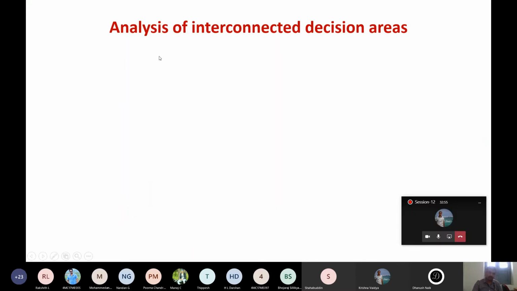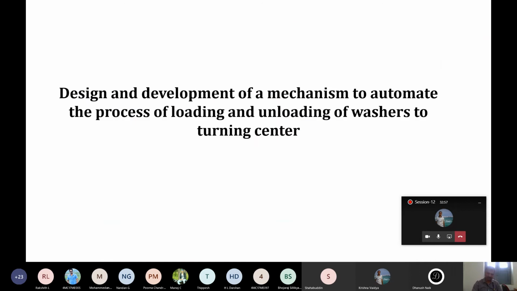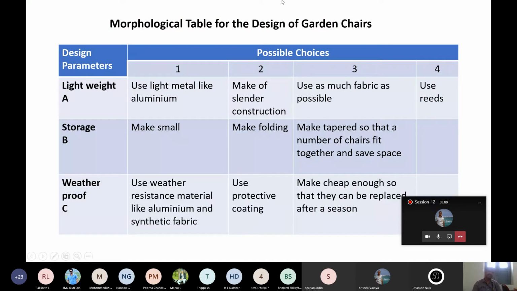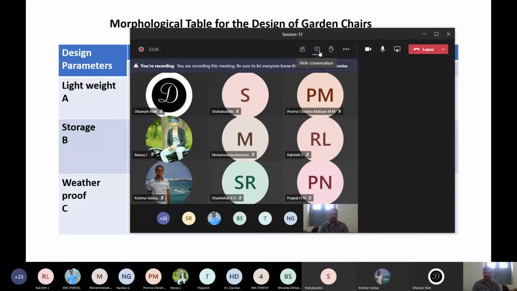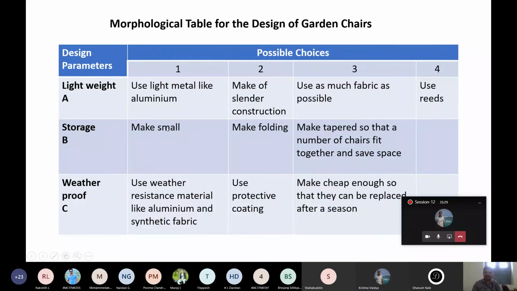Okay, so we discussed morphology, the morphological table.